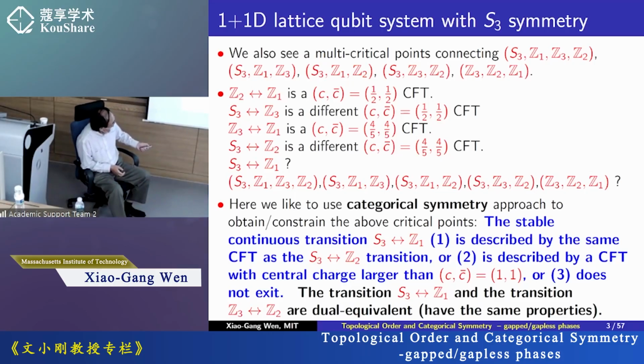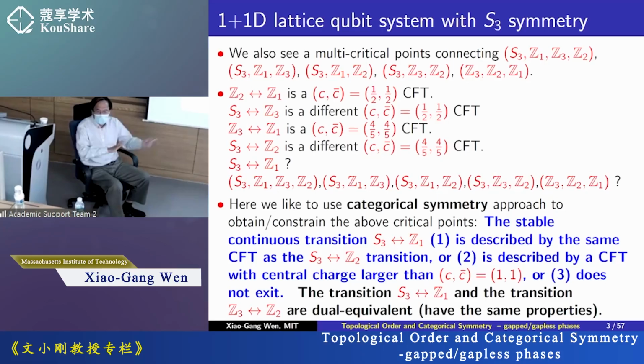That is, if S3 to Z1 has a continuous transition, then Z3 to Z2 must have a continuous transition. If you think Z2 to Z3 cannot have a continuous transition with one relevant operator, then S3 to Z1 cannot have a continuous transition with one relevant operator.